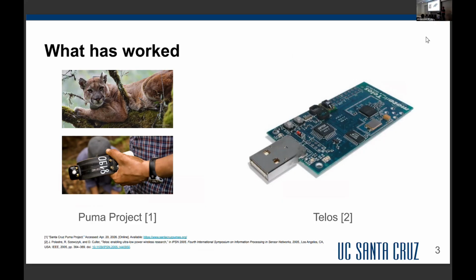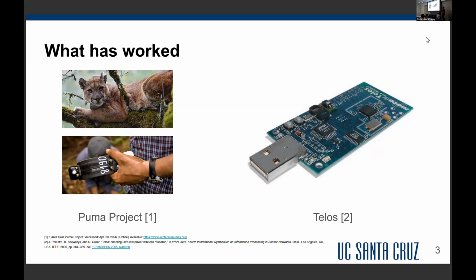First is the Puma project from UC Santa Cruz, which looks at making a wildlife tracker for mountain lions, tracking their GPS data over time. They've been collecting this data since 2008 and actually publish it online on their website. Really cool website for those who are interested.